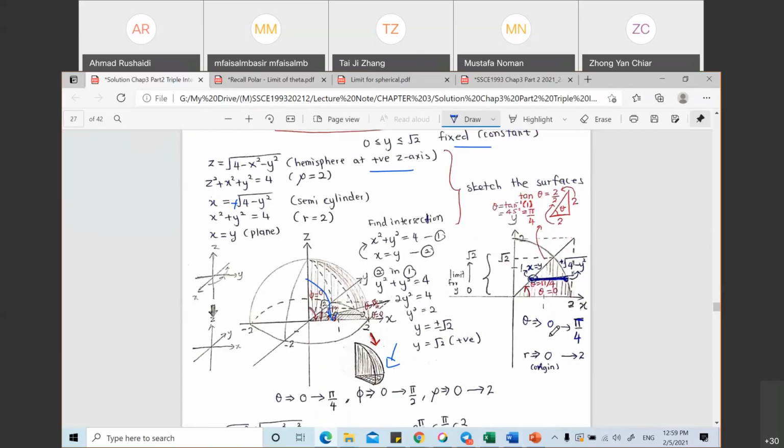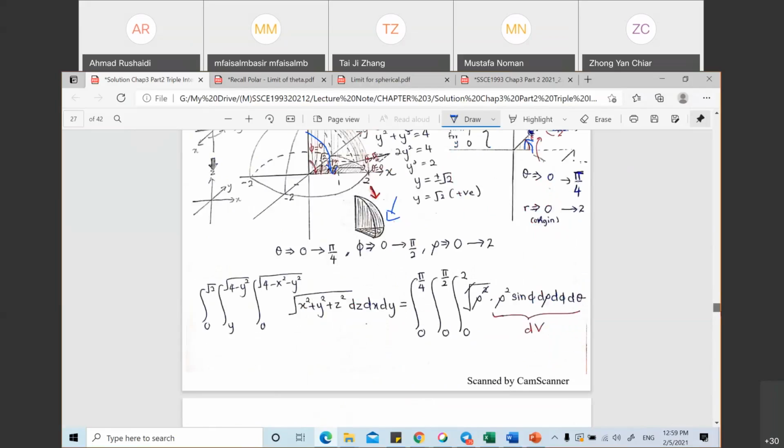Your theta is from 0 to pi over 4, because it is from here to here. It is anti-clockwise. For phi, it is here to here, 0 to pi over 2. So don't confuse. So after you get the limit, you can solve anything.